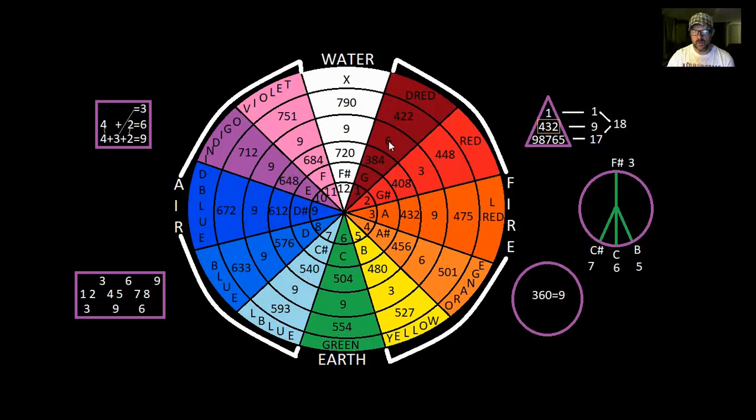Then you go out to the 4th octave, and you've got the 369 code. If you add these numbers up, you get 6. 3 plus 8 is 11. 11 plus 4 is 15. 5 plus 1 equals 6. Okay, so on and so forth. 369 code.